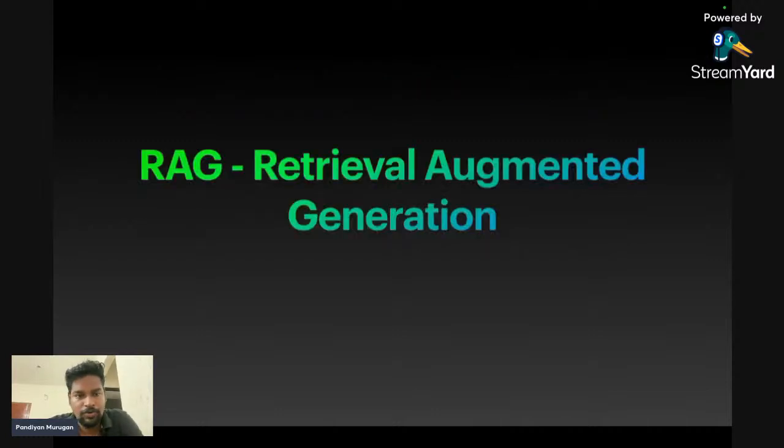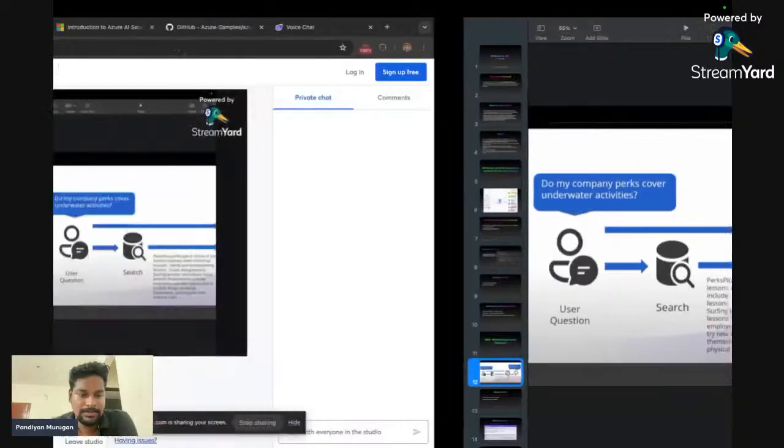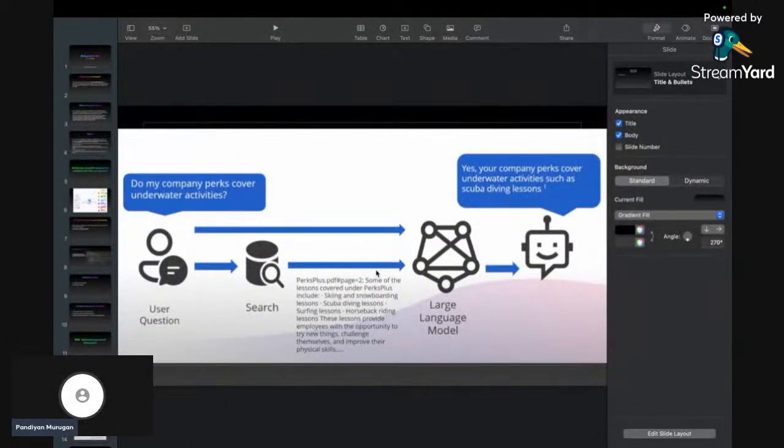So we will see what the architecture is. Here we will have a user question and a search that will have the information, and the user can search the information in the models, and our company context related data will also be present in the model.